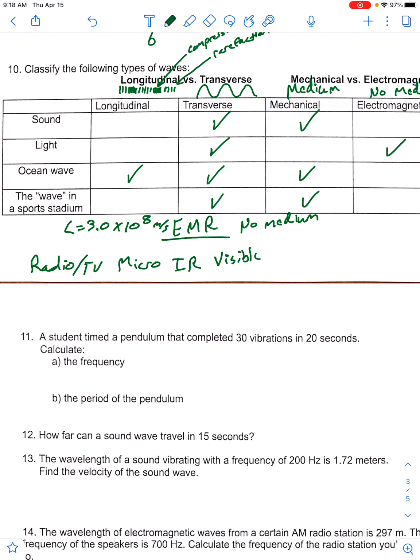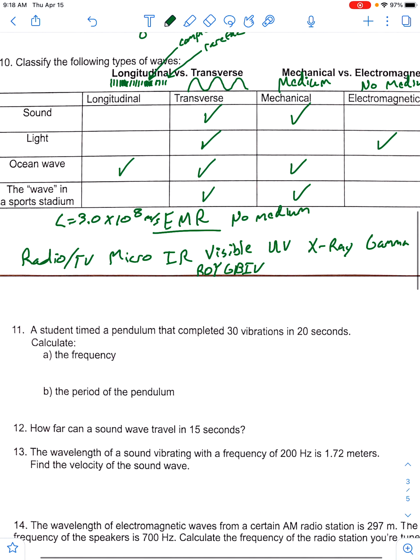So this is what you can see, like your colors. Remember your colors, Roy G. Biv: red, orange, yellow, green, blue, indigo, violet. Then you had UV, then you had X-ray, and then you had gamma. So those are your types of EMR waves.